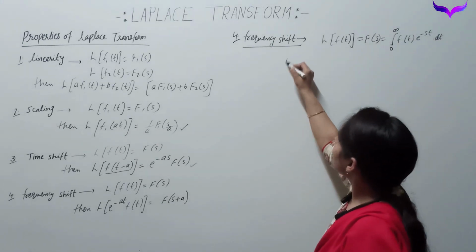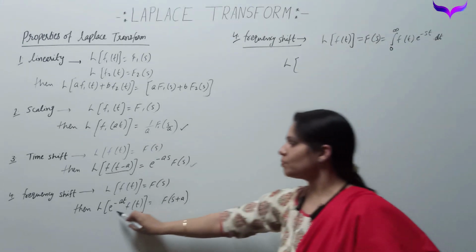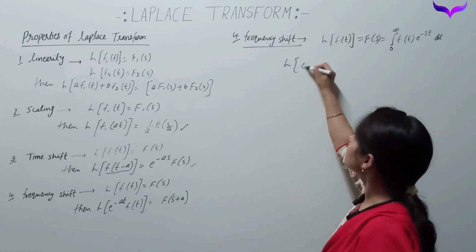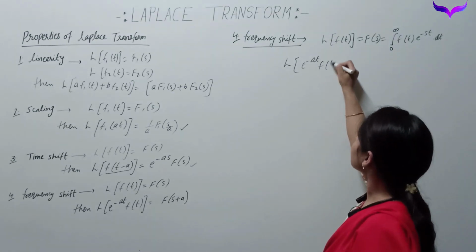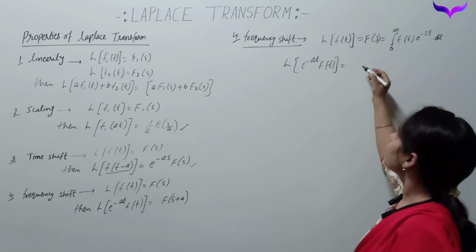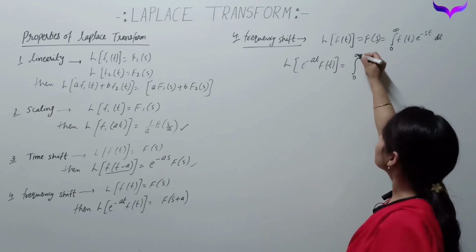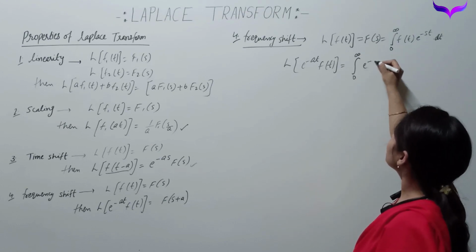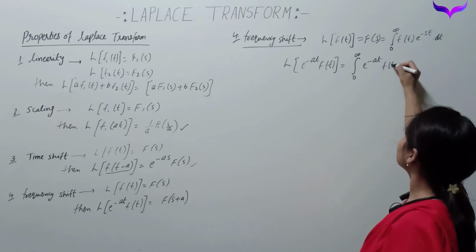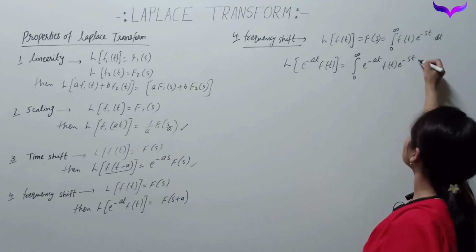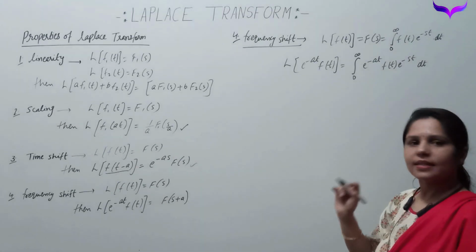Then Laplace transform of e raised to power minus at f(t) is equal to, by definition, how can we write it? Integral 0 to infinity e raised to power minus at f(t) e raised to power minus st dt, right?